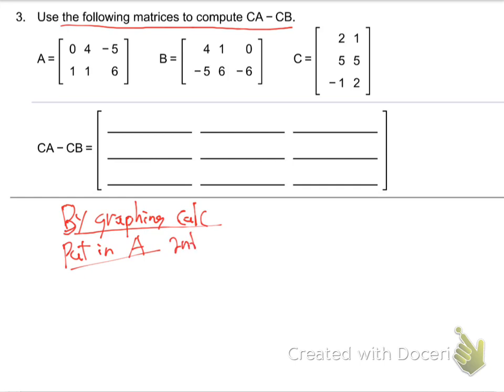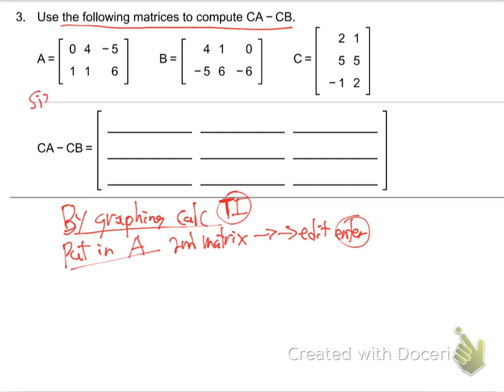Put in A. So you have to hit the buttons on your calculator, which would be, you got to hit second on the TI calculator. So this is for the TI, the Texas Instruments graphing calculator that we get free at Fresno City College library for renting. You got to put in matrix A, which means hit second matrix. Go across to the edit menu and hit enter, and then put in the size.